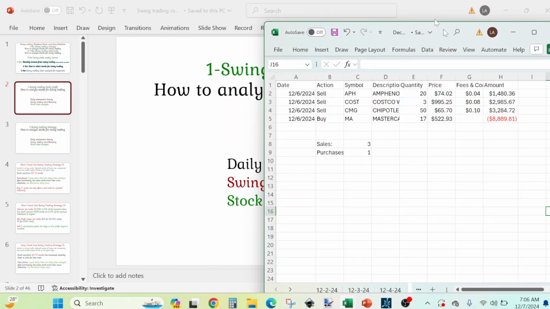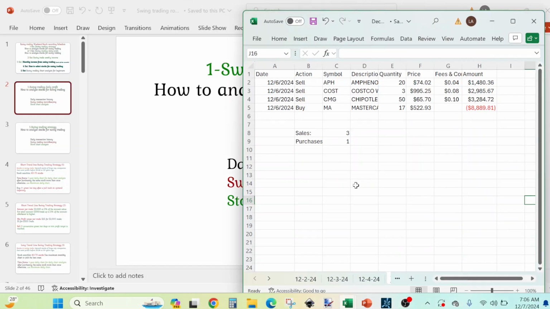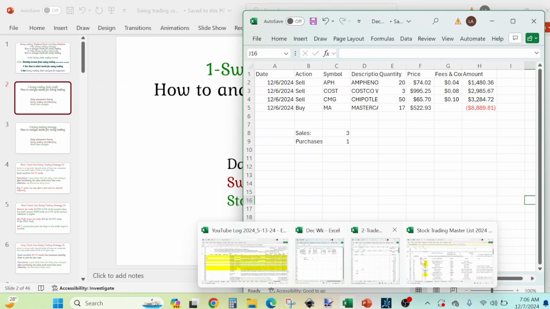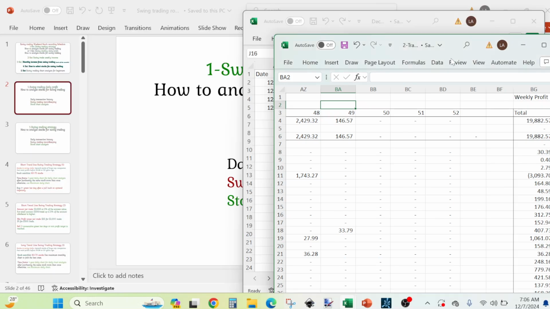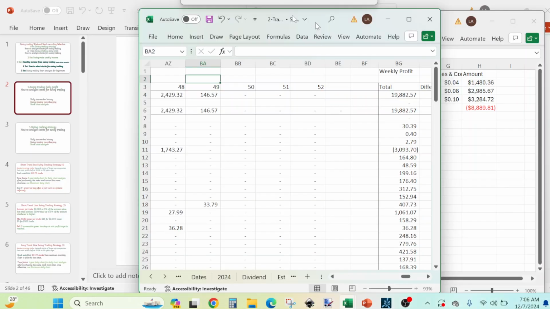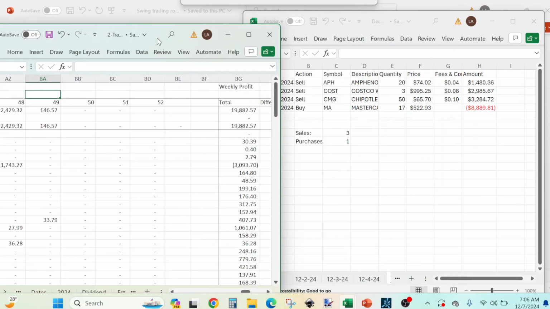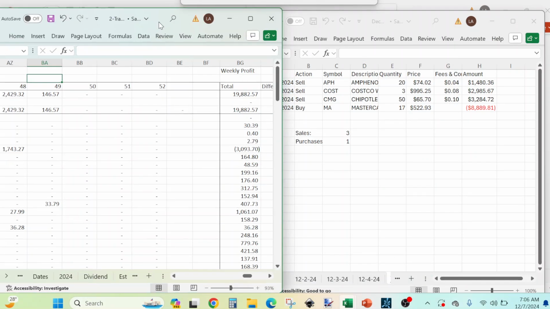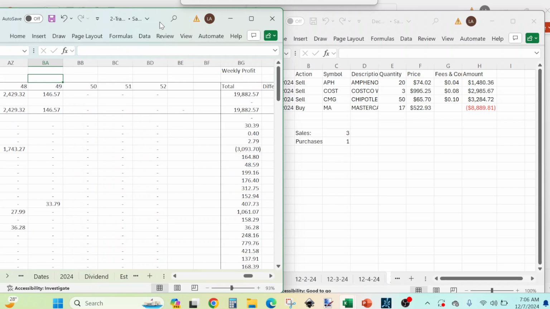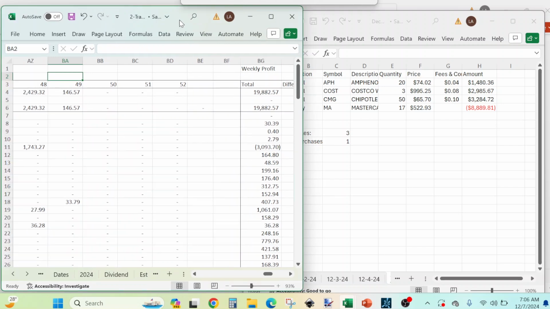So we have our transaction for the day open, and that's what you do when you swing trade. It's good to pull your daily swing trade transactions from your brokerage firm websites, from your account, and do your record keeping.